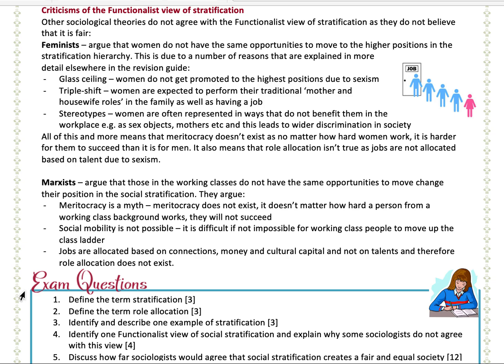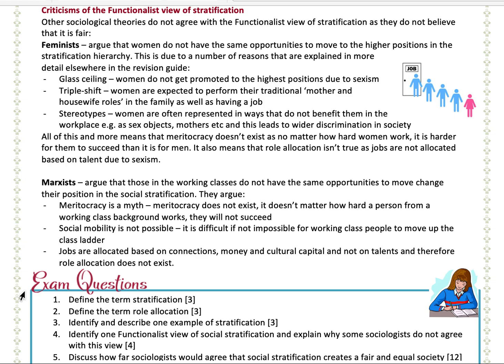And then stereotypes exist, so women are represented in a negative way that doesn't benefit them in the workplace, which can lead to sex discrimination. You can link that to the idea that meritocracy and role allocation aren't as effective as they could be if we lived in an equal society.